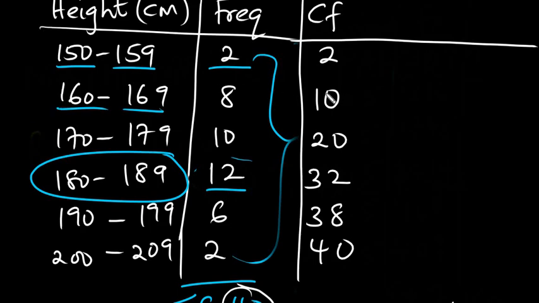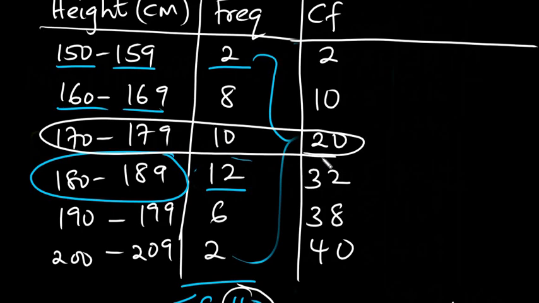So what about this class? The last term is 10. So from the 11th term, they are in this class. The 11th term all the way to the 20th term. So our 20th term is in this class.